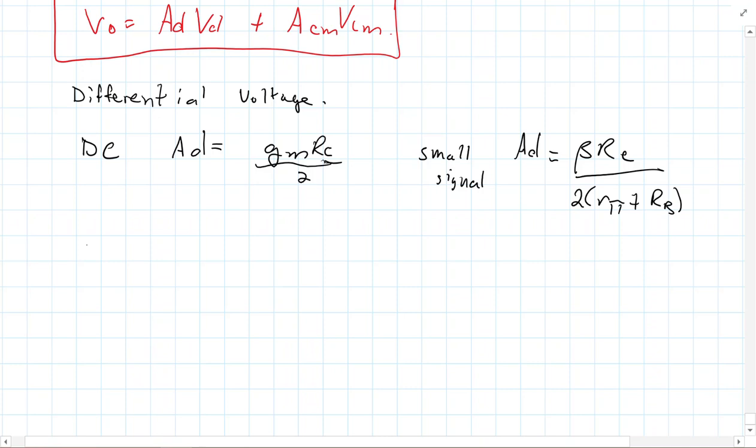Alright, then we have common mode. So for DC, ACM is simply 0. So that's easy.